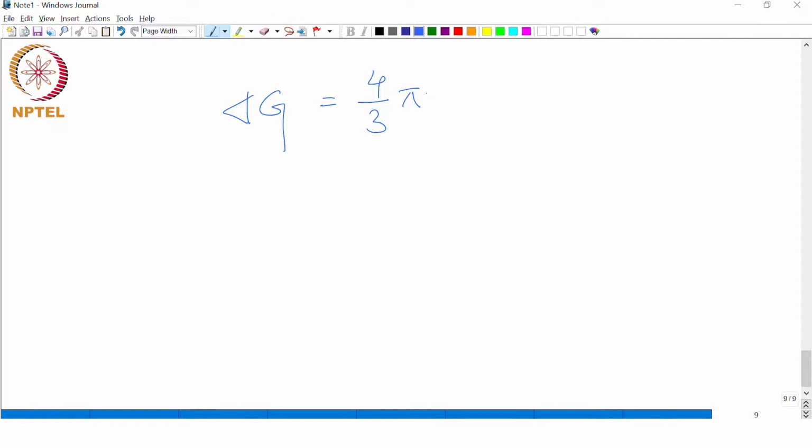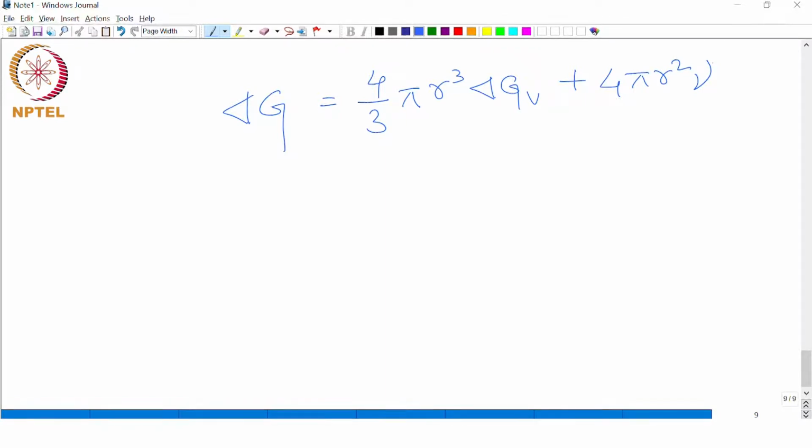If you take the radius as r, so therefore, this will be the total volume free energy change, and the surface energy would be this. Where 4 pi r square is the surface area, right.